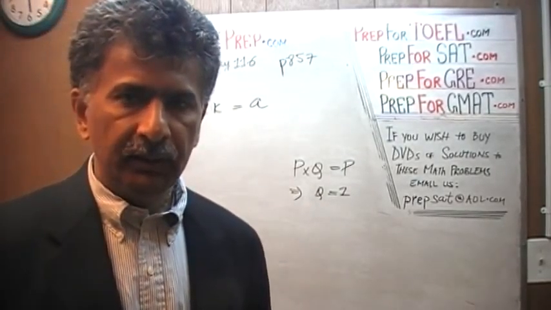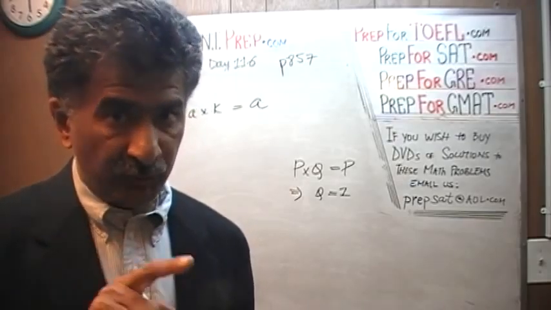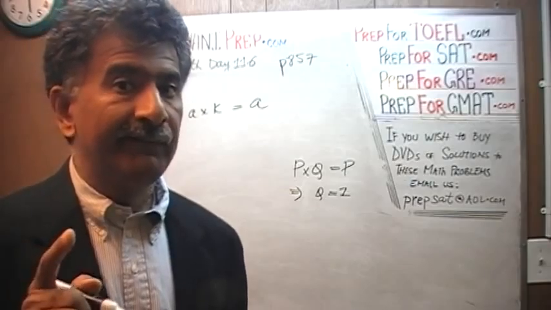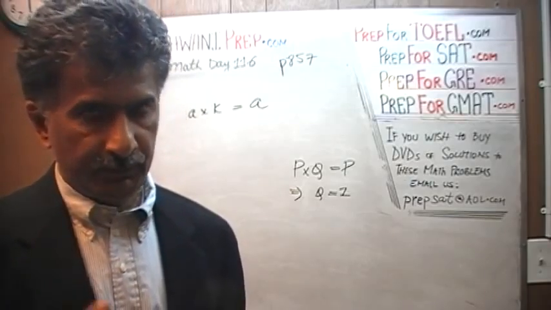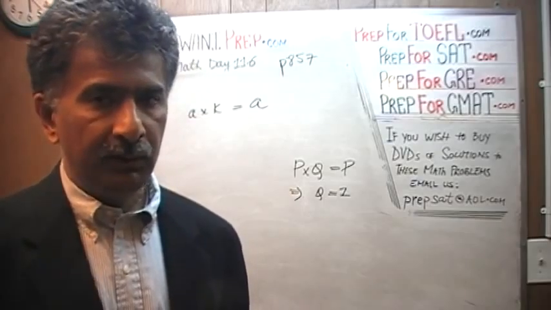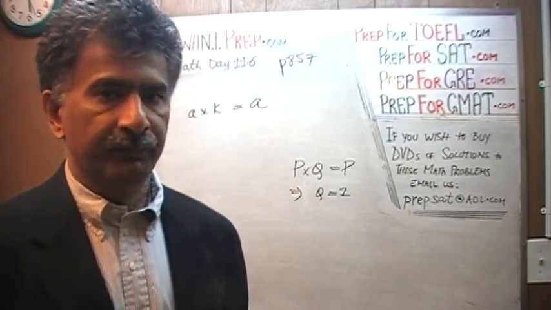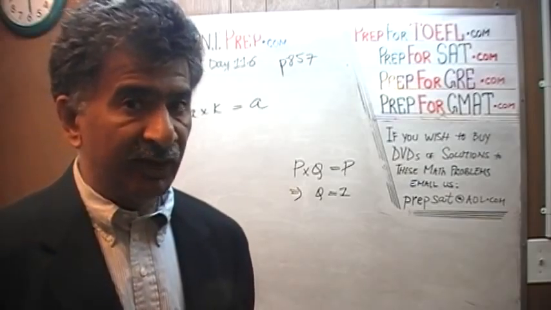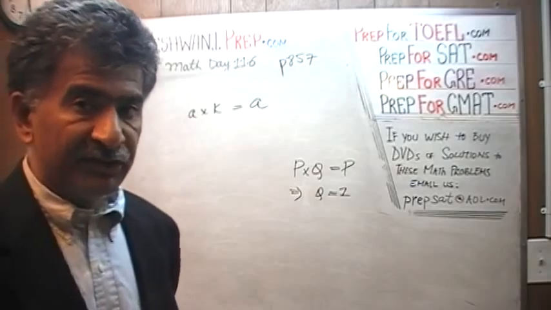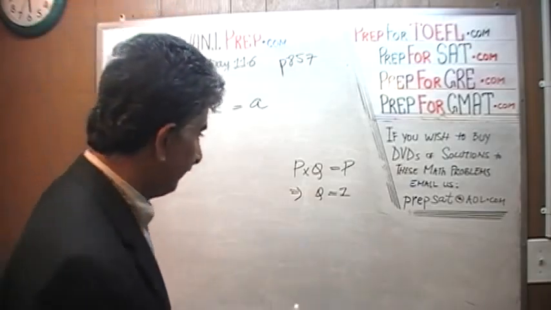The only way the product of two different numbers is the same as one of those two numbers is if the other number is 1. Notice how I said it. I'm going to say it one more time. The only way the product of two different numbers, why did I have to say different? Because it is possible for two same numbers to be such that their product happens to equal one of the two numbers, which is this scenario.